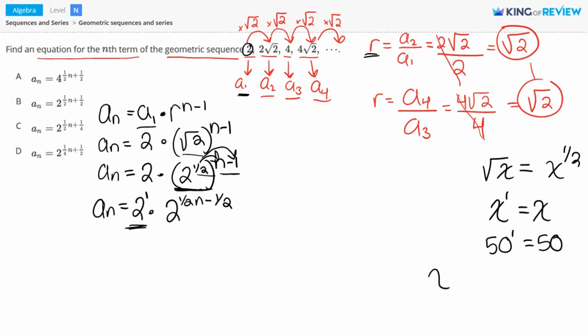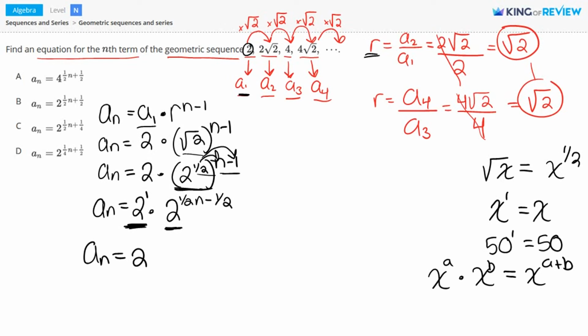So if we have x to the a times x to the b, this equals x to the a plus b. Now you see here we have a base of 2 times a number that also has a base of 2. So now we can combine the exponents by adding them. So we have An equals 2 to the 1 plus 1/2 n minus 1/2.